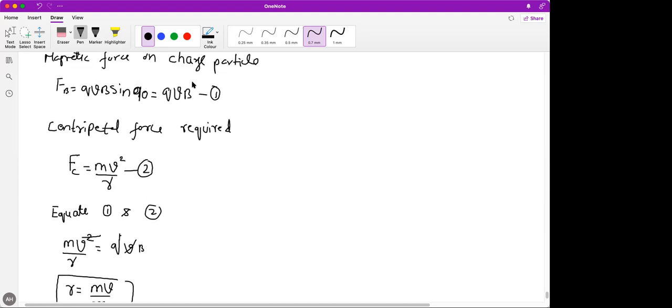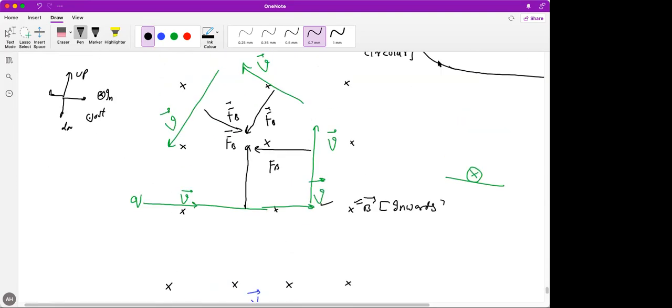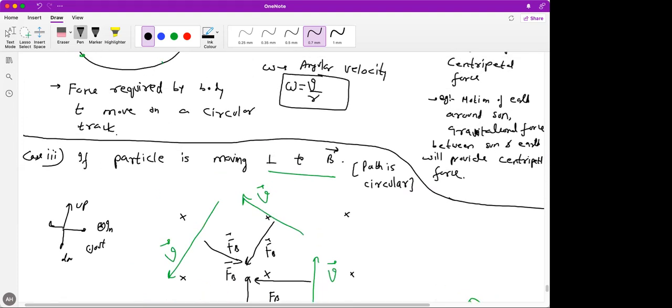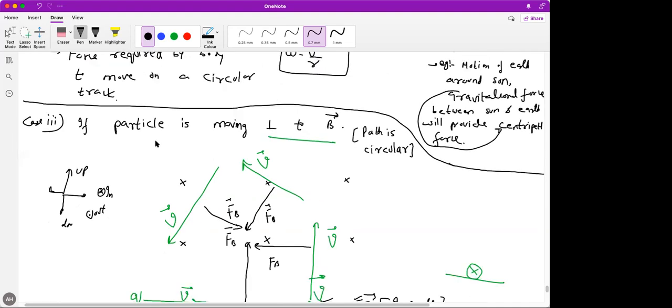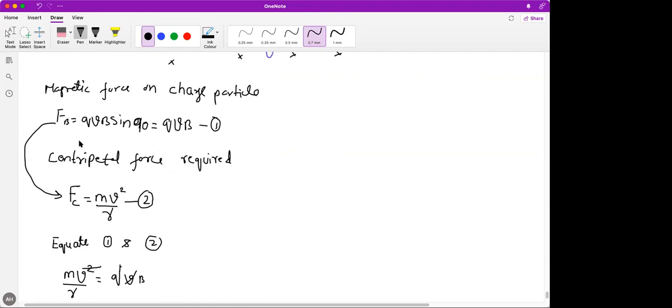See, this is the magnetic force acting on the particle. This is the centripetal force required. This magnetic force will provide the centripetal force, like in the example of the motion of Earth around the sun, where the gravitational force provides the centripetal force. In the same way, the magnetic force will provide the centripetal force.